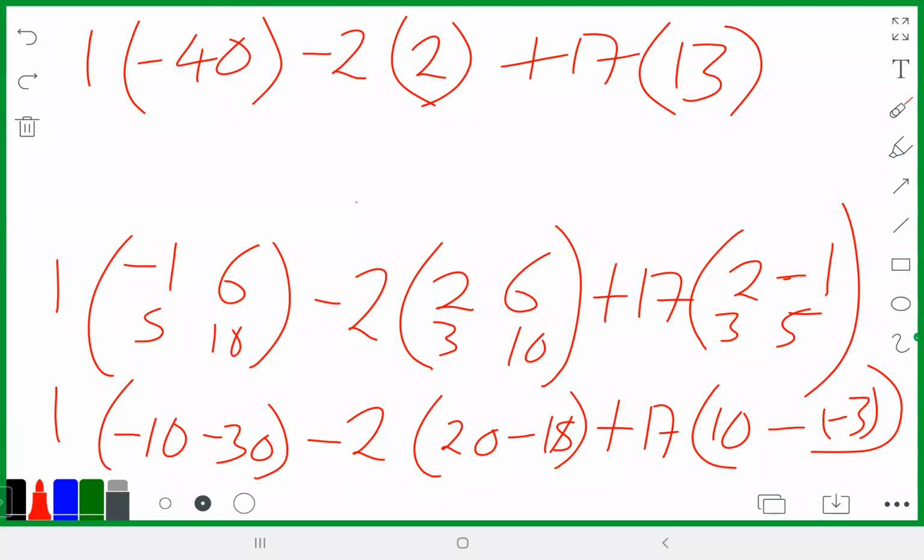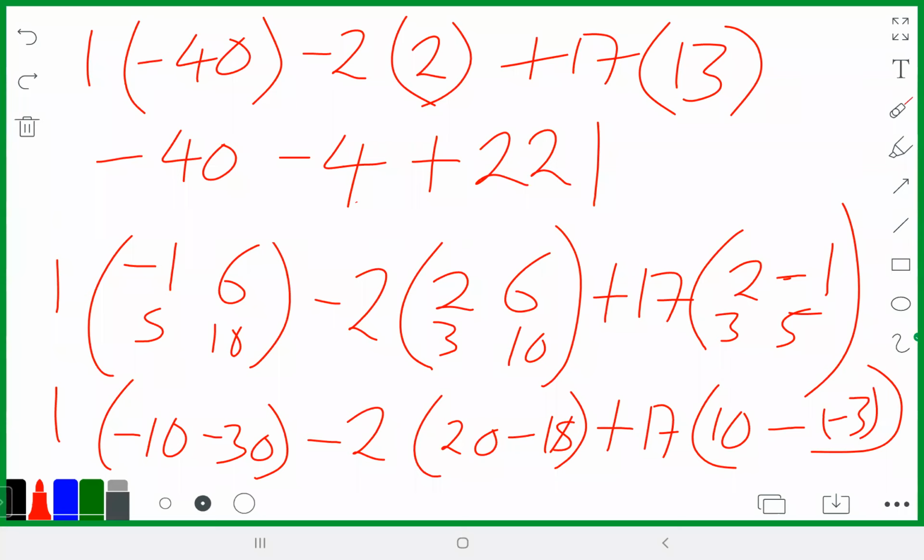So we shall have 1 times -40, -40, -4 here. What is 17 times 13? 17 times 13. That gives us 221. So plus 221. So 221 minus 44.